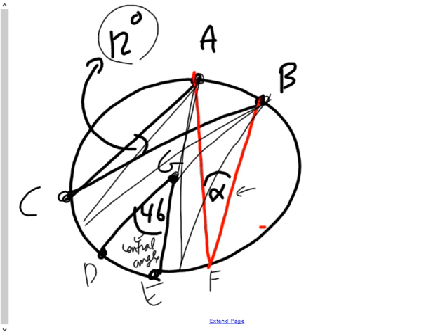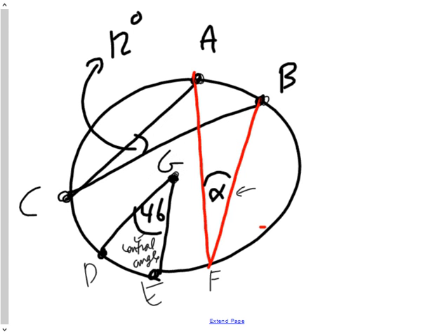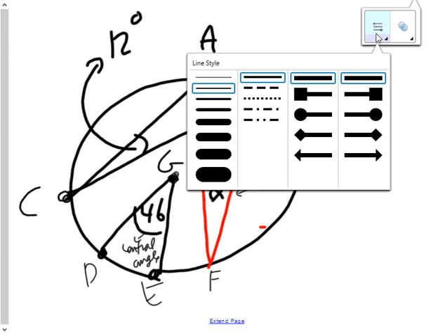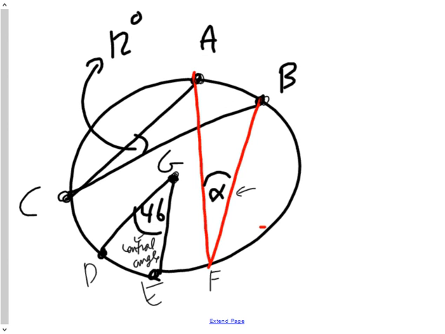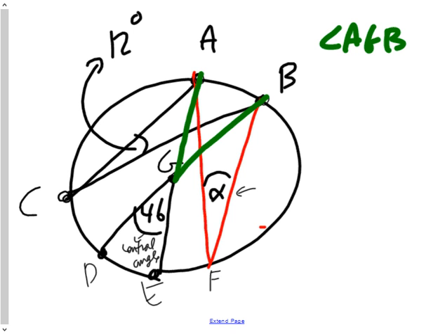Now if I go back to that whole conversation about a central angle that doesn't exist, and I took my green marker and connected A and B to the middle, and asked you how many degrees is angle AGB?